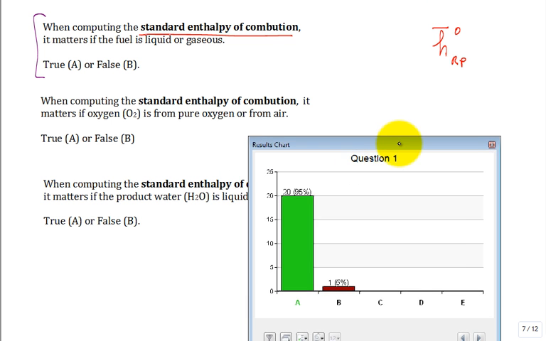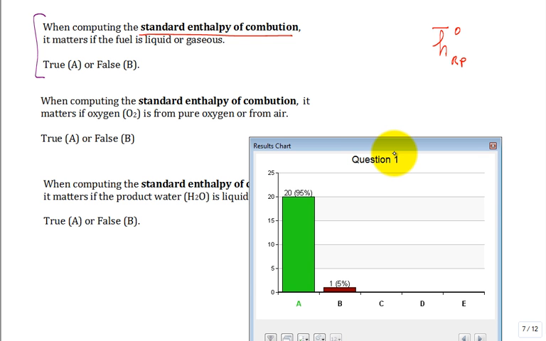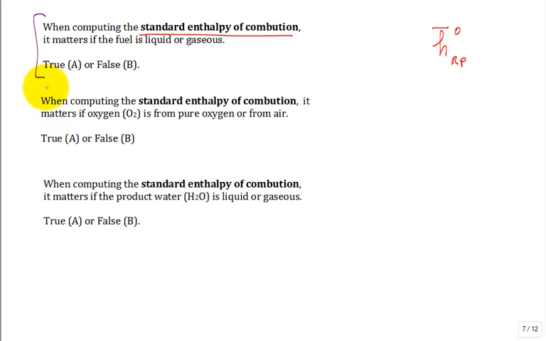So it does matter, and that's the example we just had. It'll change the value, the enthalpy of formation of that one of the reactants, which is the fuel. All right. Let's go to this next question. When computing the standard enthalpy of combustion, same term, it matters if the oxygen is from pure oxygen or if the oxygen comes from air. It does matter. Yes, it does, then say true. If it doesn't matter, say false.